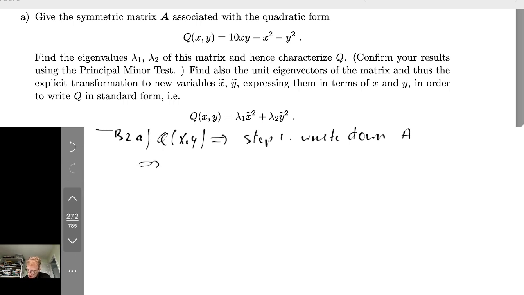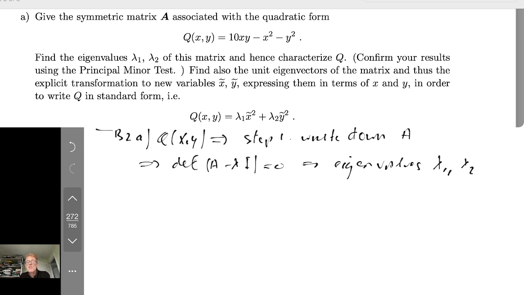Then you calculate the determinant of A minus lambda I is 0. That gives you the eigenvalues lambda. So you will have a lambda 1 and lambda 2 because this Q is a function of x and y.